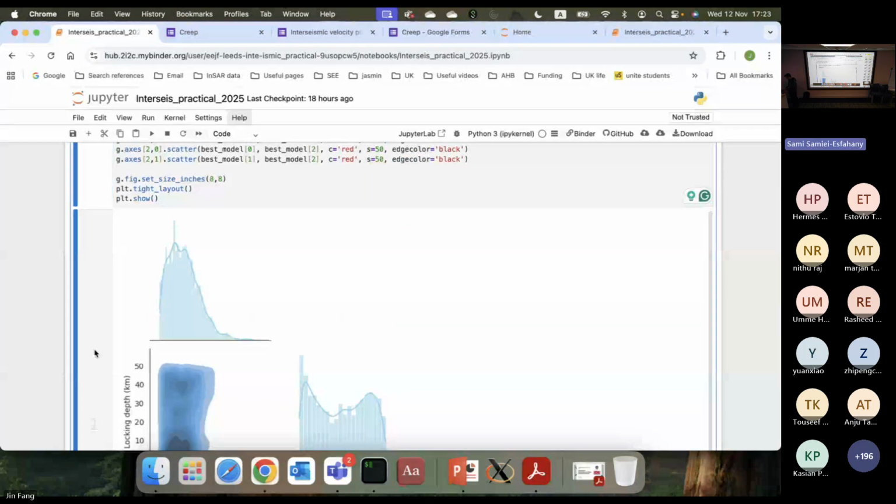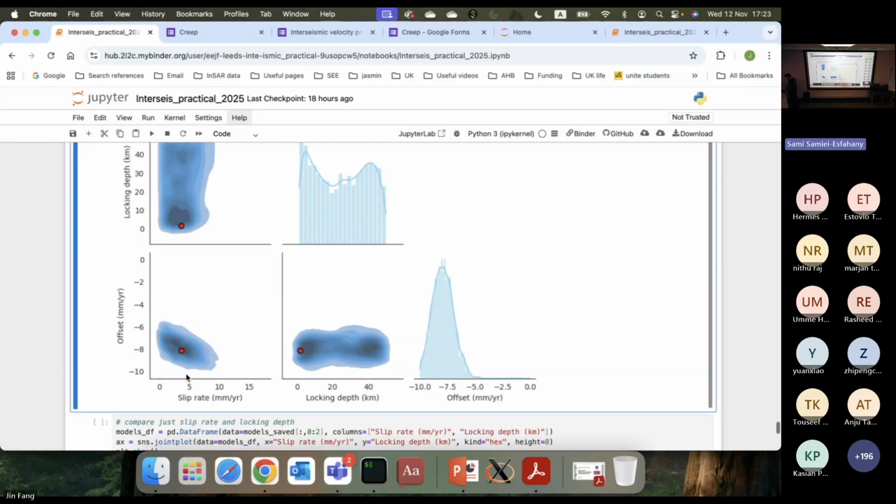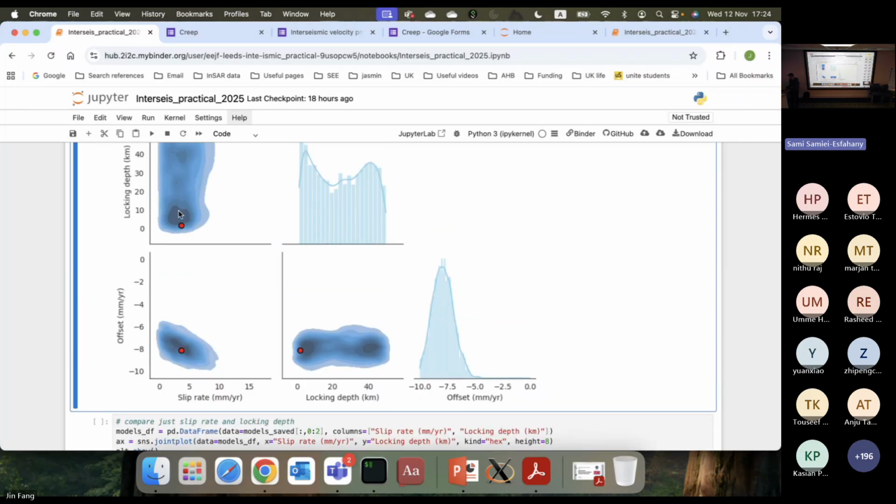Up here, we can see some trade-off, for example, between slip rate and locking depth, or slip rate and offset, which is an even stronger trade-off. The red dots are the minimum RMS, and the darkest region here shows the most probable solutions, so they sometimes don't match.